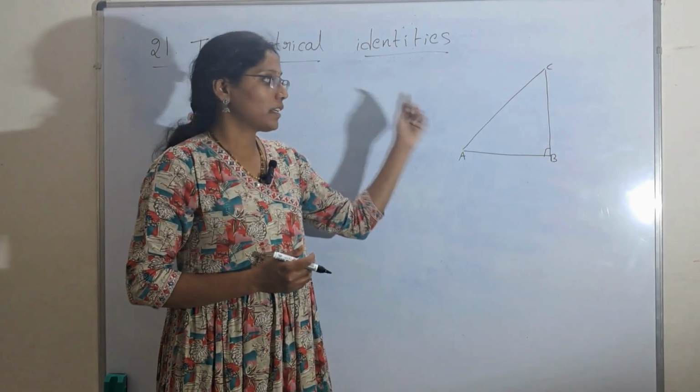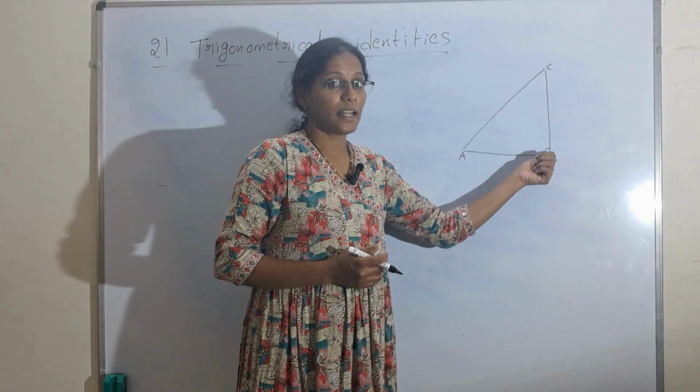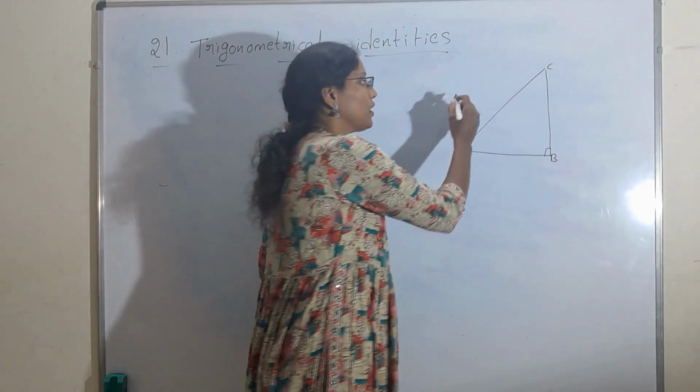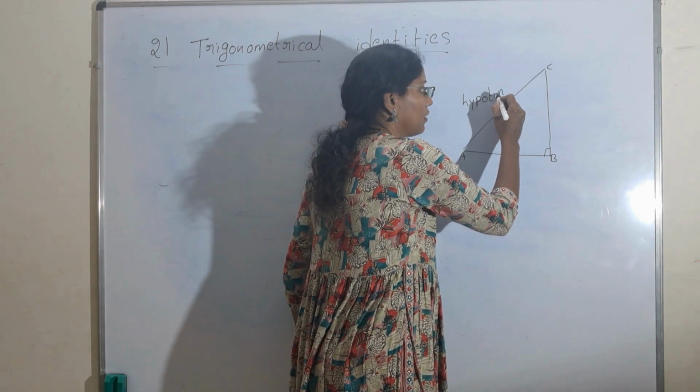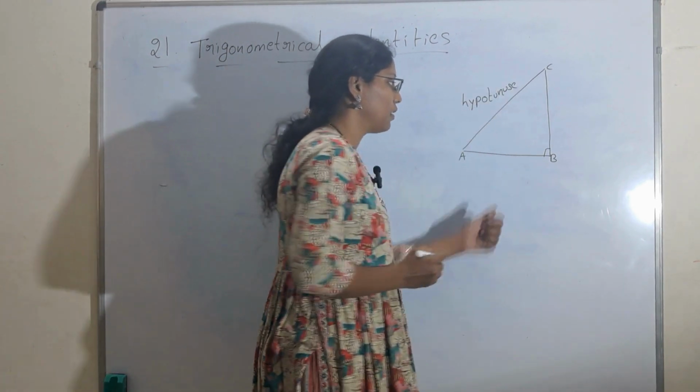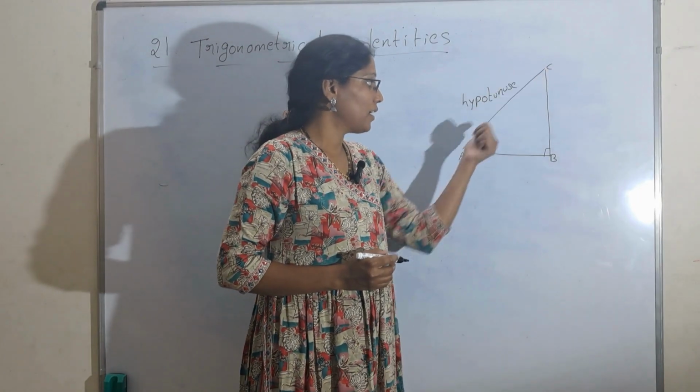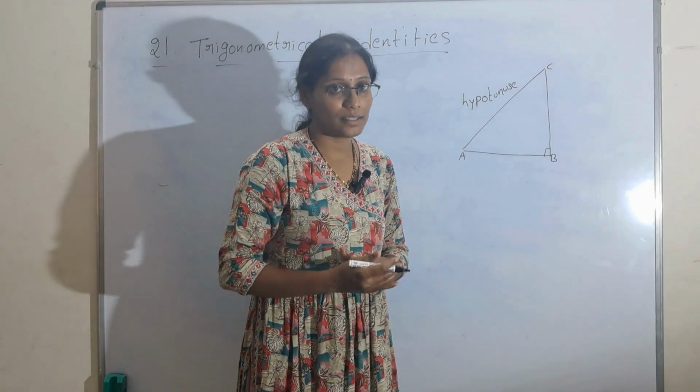Let us discuss trigonometry. Here is 90 degrees. The side opposite the 90 degrees we call the hypotenuse. Next, theta, either here or here, we have to consider.